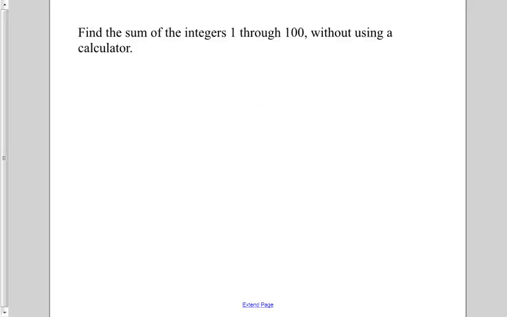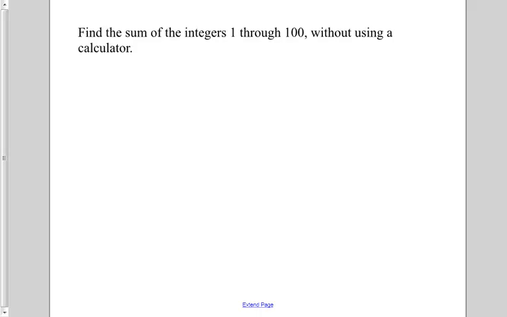Now, here's a question posed way back in the day. Find the sum of integers 1 through 100 without using a calculator. This question was posed to a famous mathematician named Gauss while he was in elementary school by his teacher, simply as busy work.